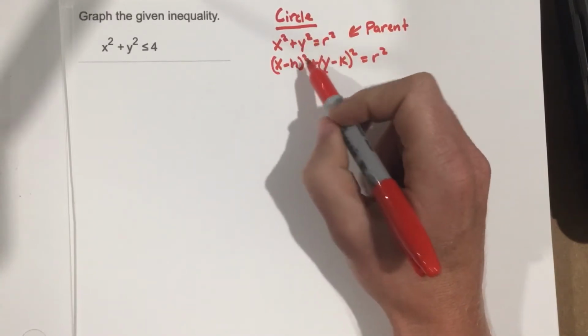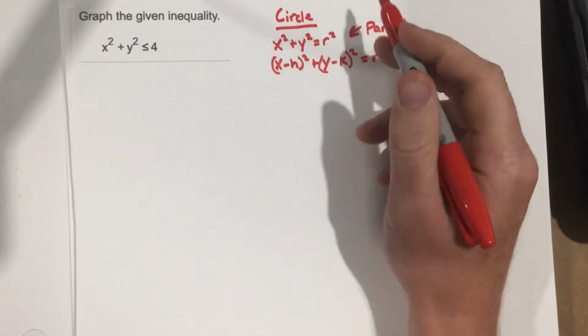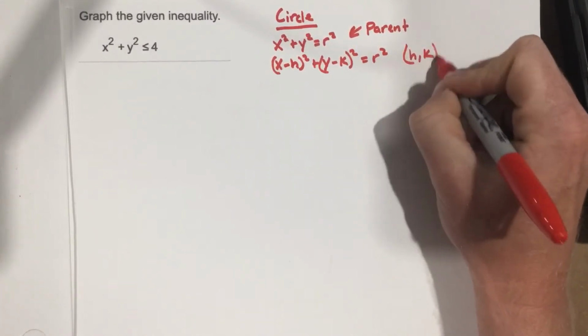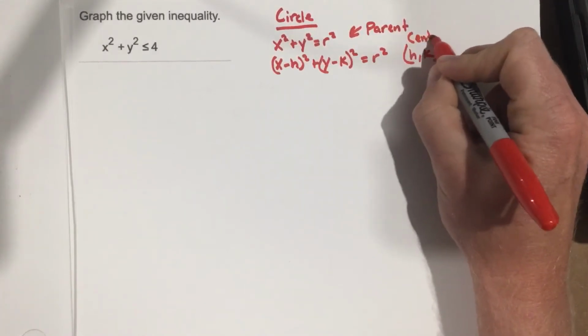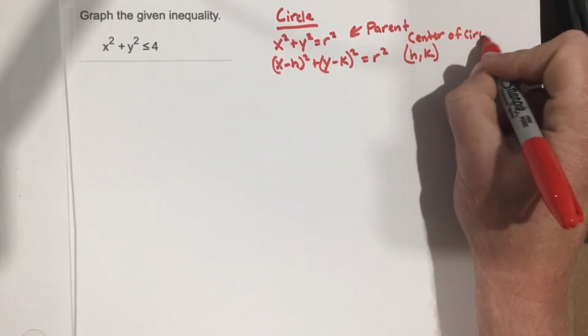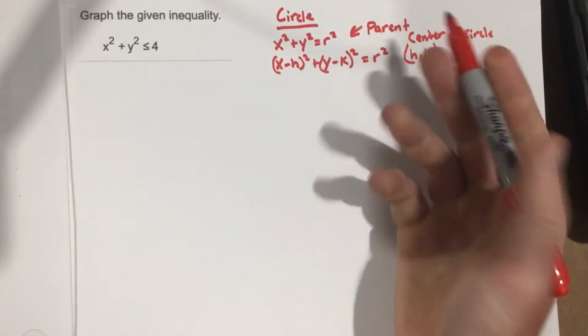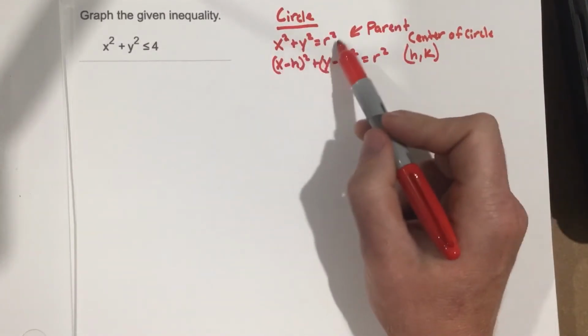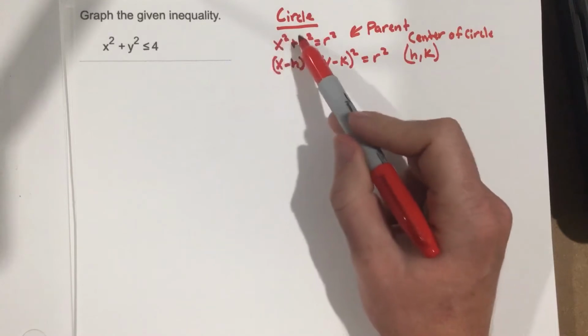Remember, h and k is the center of the circle. So when h and k are 0, the center of the circle is at the origin, and this is the function that you use.